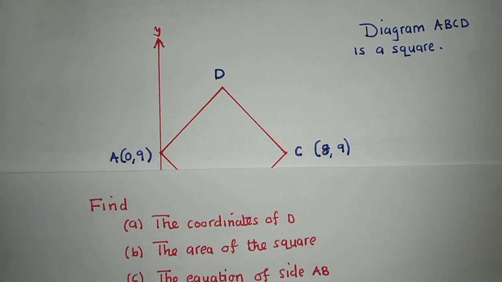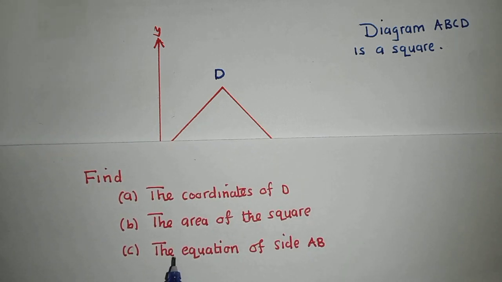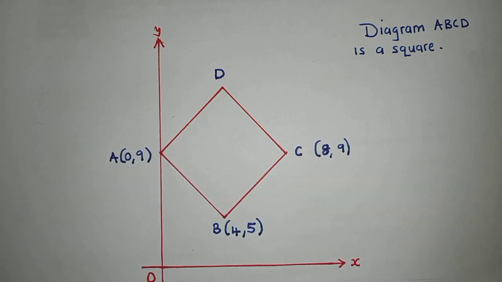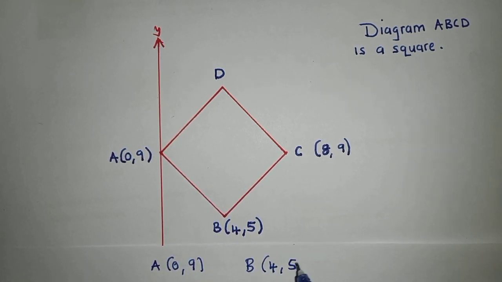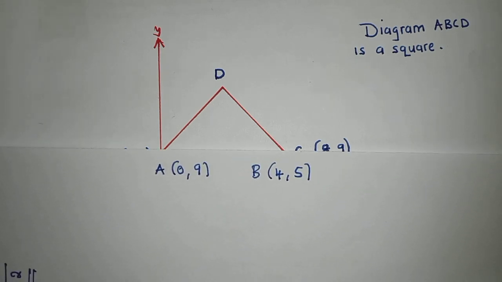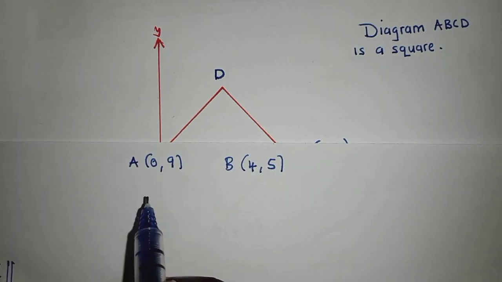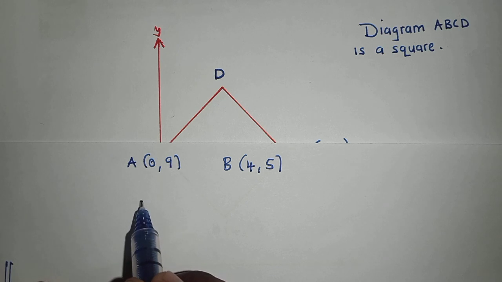The next question is to find the equation of the side AB. Again, we get the coordinates. We have A (0, 9) and B (4, 5). To find the equation, we need to first find the gradient.